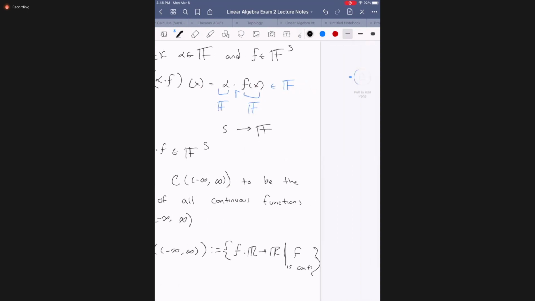So let's do the example. Example 4.2.4: prove that C from negative infinity to infinity, with plus and this scalar multiplication, is a vector space. Okay, so we're going to go through the list.